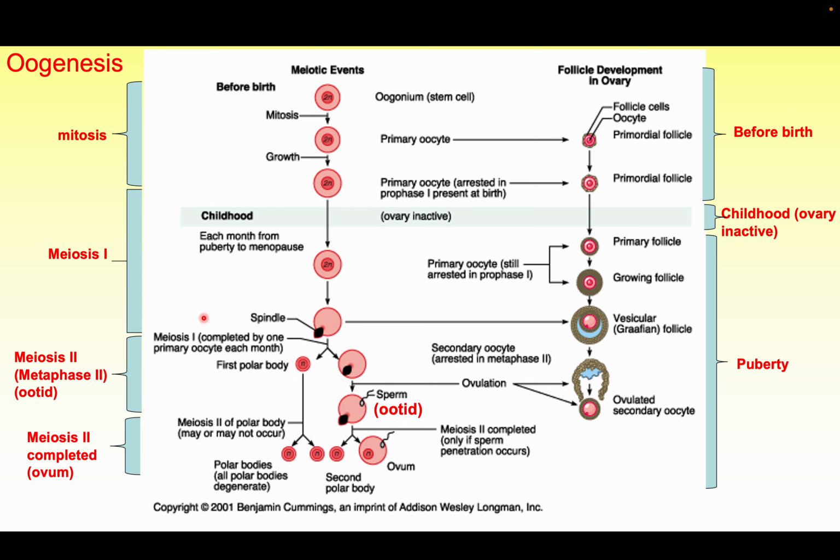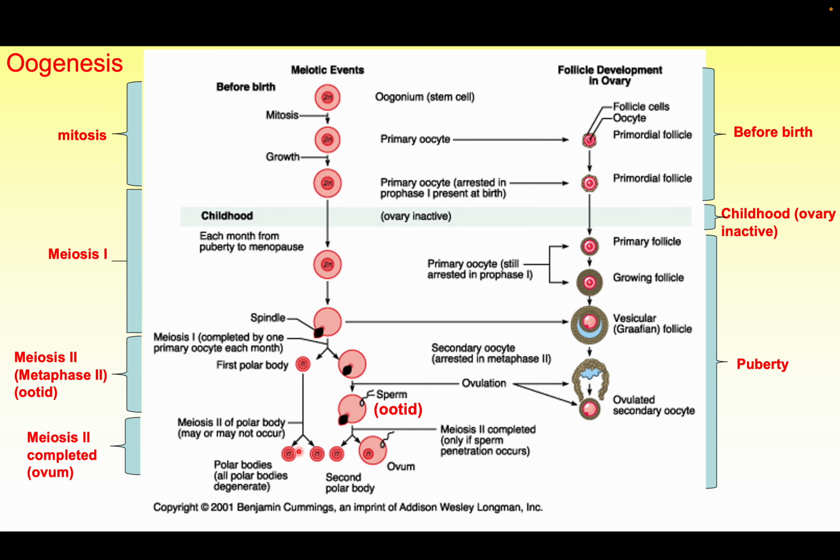Now, unlike spermatogenesis, in oogenesis, the other three gametes are actually non-functional. So these other three gametes that are produced, the first polar body, the second polar body, and the other degenerate polar bodies, are non-functional. They carry the other haploid number of chromosomes, but they are not functional.